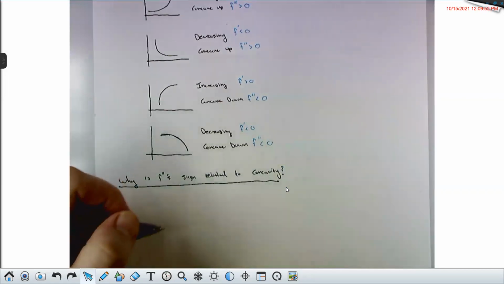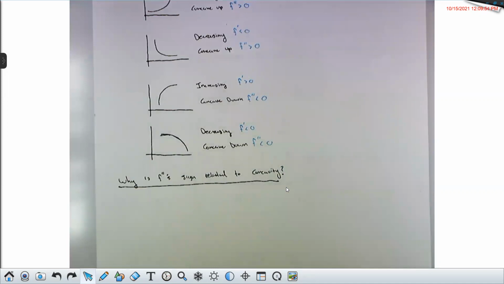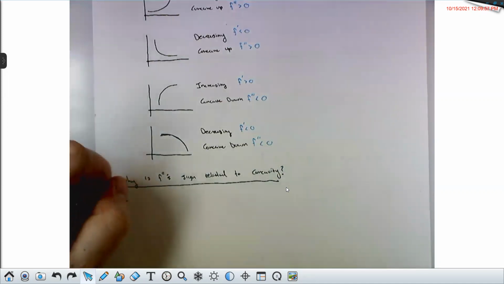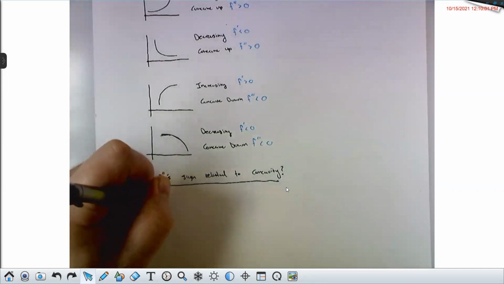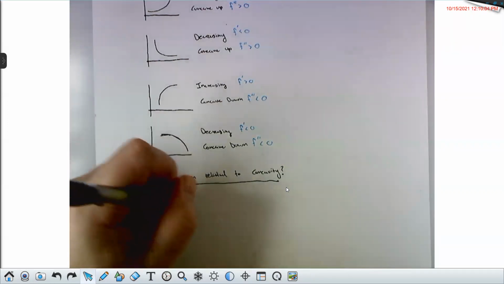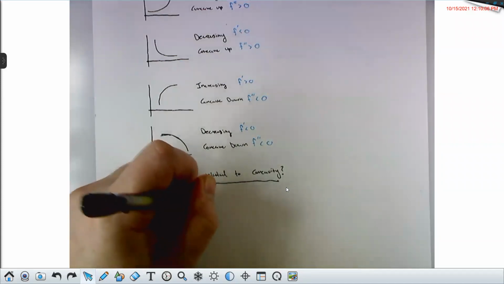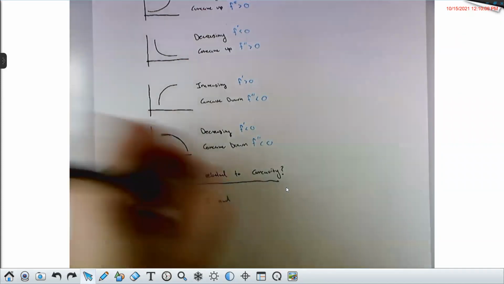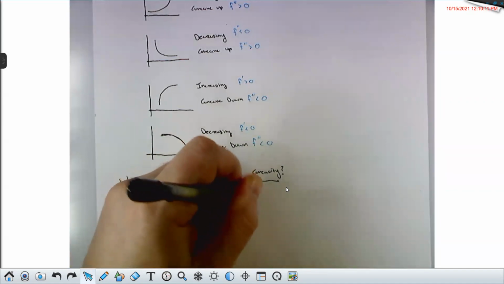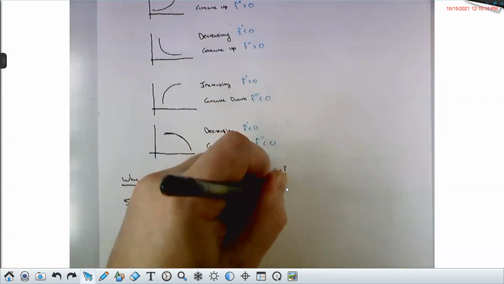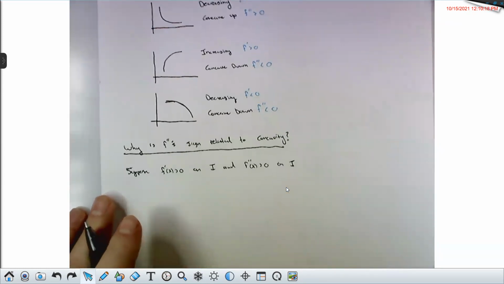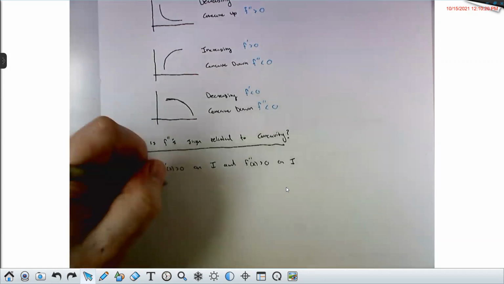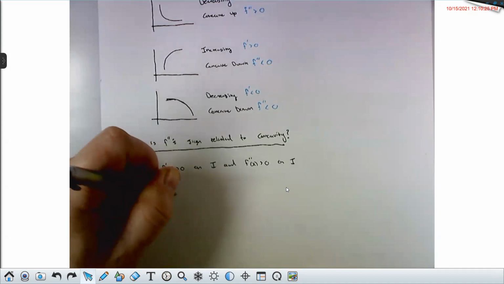So let me assume, suppose f prime of x is positive on the interval I, and f double prime of x is positive on the interval I. We know that f prime being positive means f is increasing, right?